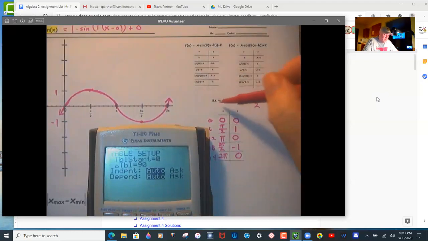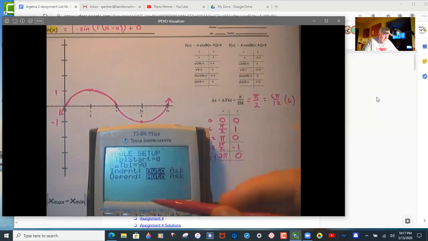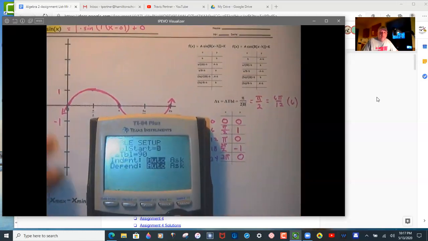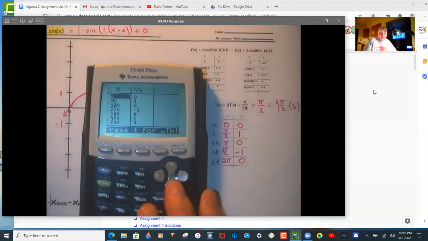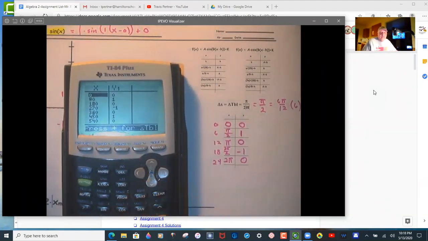This is the delta table right here. It tells you how to set that second value. You got to do it. If you're in radians, then you do pi over 2. And I'll do both. So here's what the table looks like. And it's easy to see in degrees where you're at. You can also do radians, which I'm not going to do to save time.